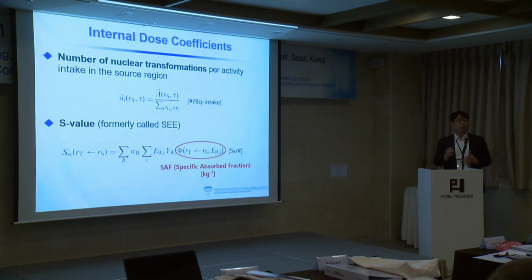So if you have information about the intake value, you can convert to the internal dose by using this dose coefficient. I know it's a little complicated, but it's recommended by the ICRP. But happily, we can just apply the proper dose coefficients considering the type of the radionuclides and the other biokinetic parameters.